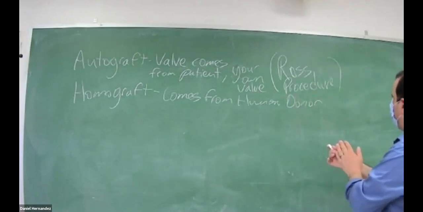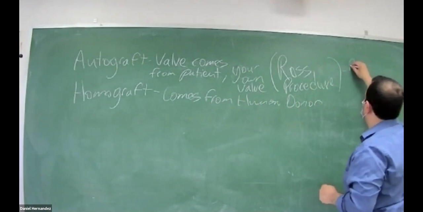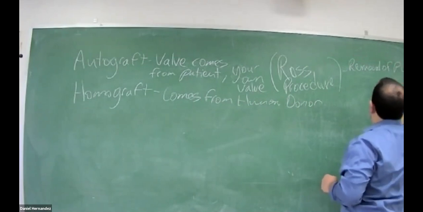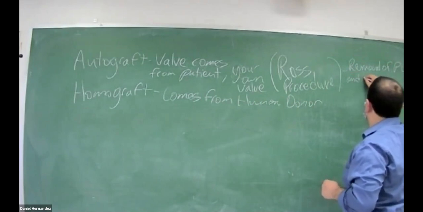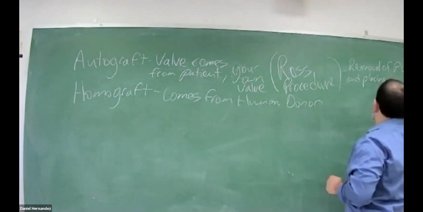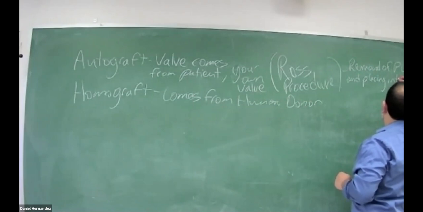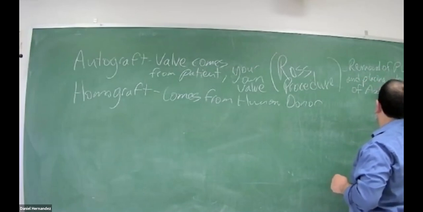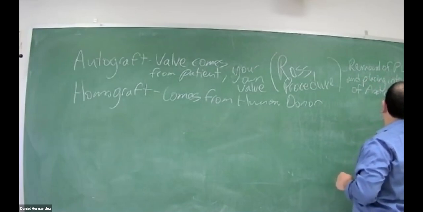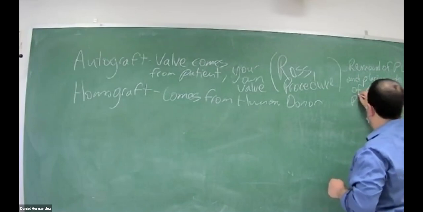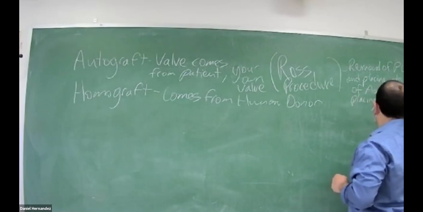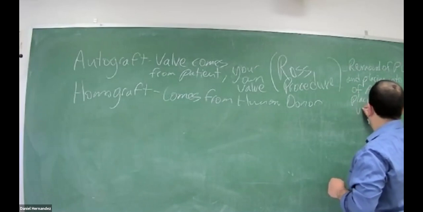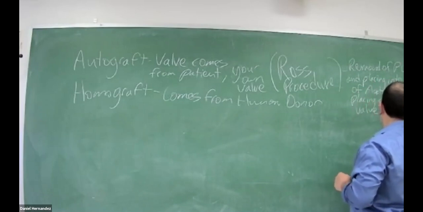So Ross procedure: removal of the pulmonic valve and placing it into the aortic valve, and placing a valve in the RV.